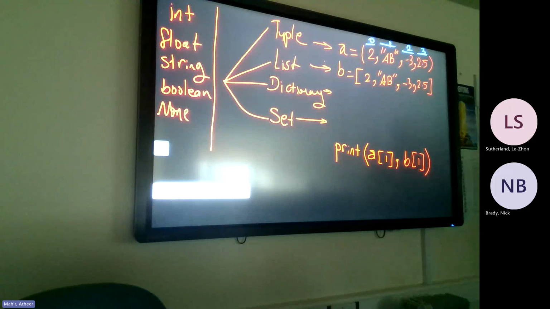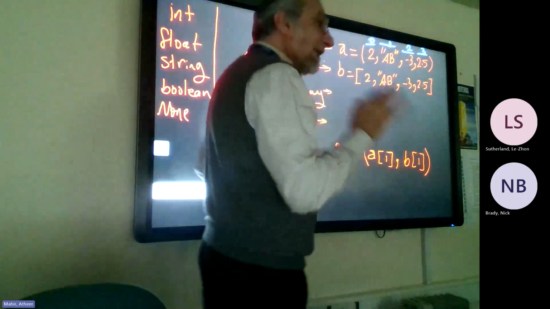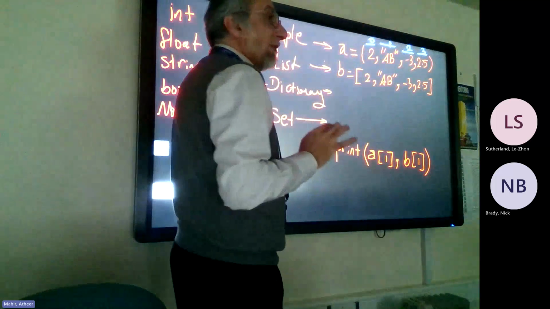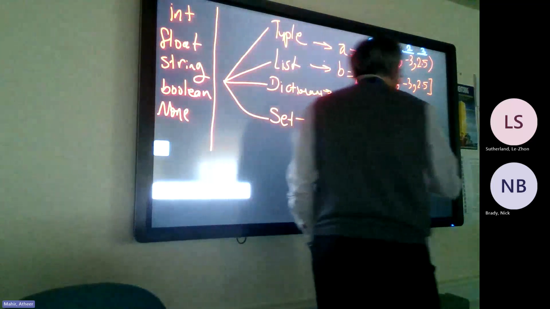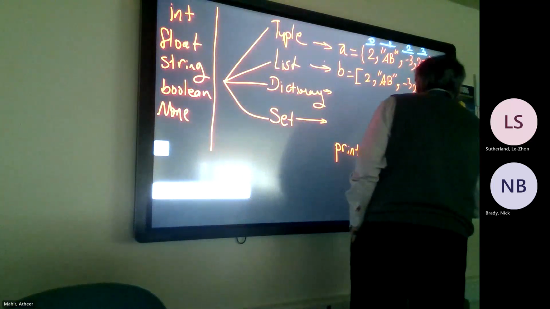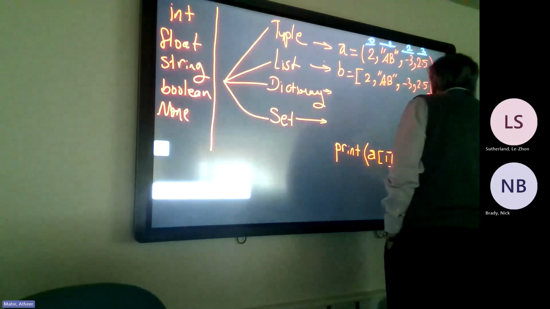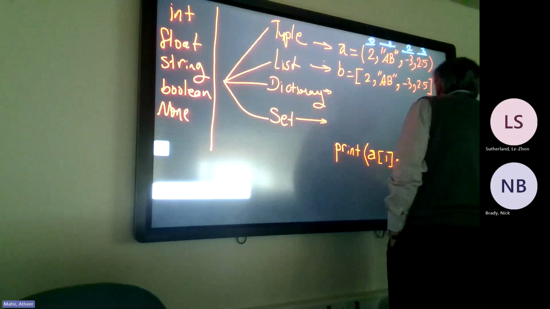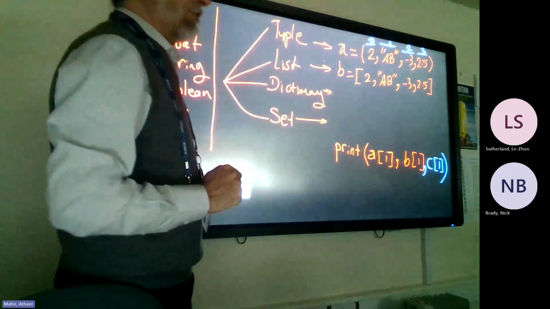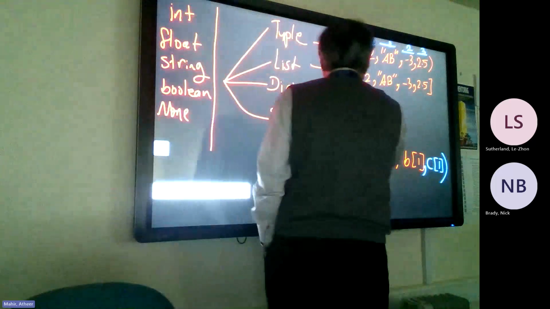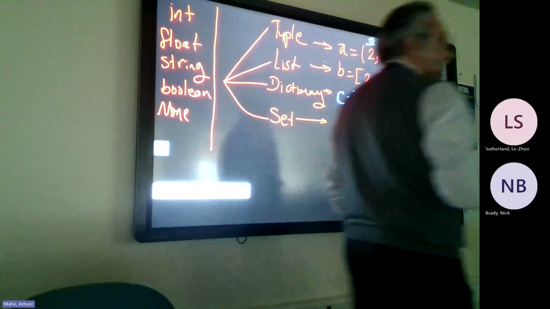So what I am going to do now is make exactly the same dictionary with exactly the same values. I will introduce a dictionary called C, and if I say C1, it will print the same value. So I will say C is equal, and in a dictionary I use the curly brackets.